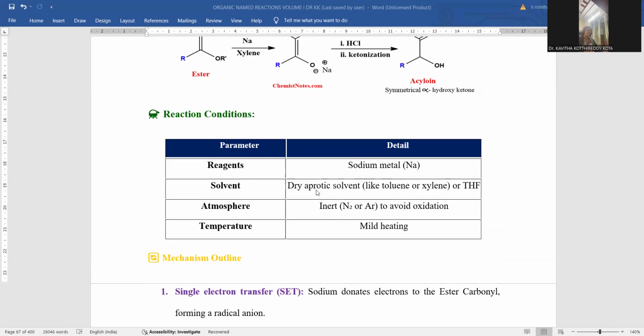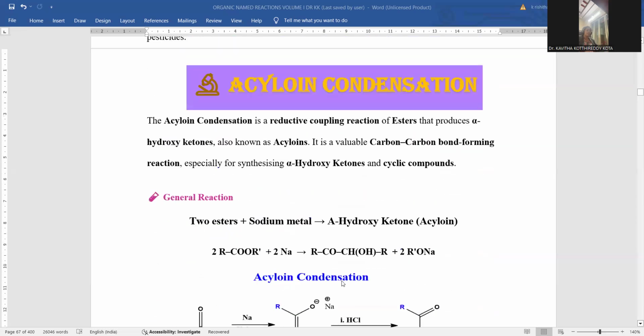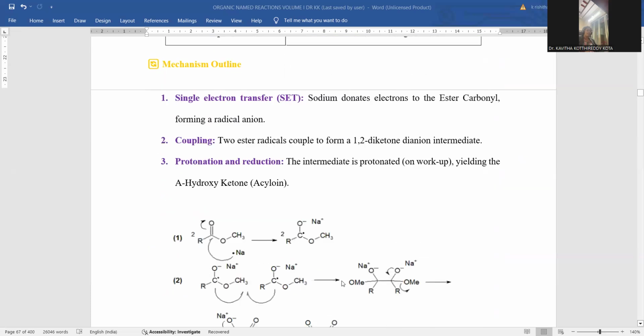That's the reason why a dry aprotic solvent is suitable here. The atmosphere can be inert nitrogen or argon, a noble gas environment, so that atmospheric oxidation will be prevented. Mild heating is required, which is important from the application perspective, right?